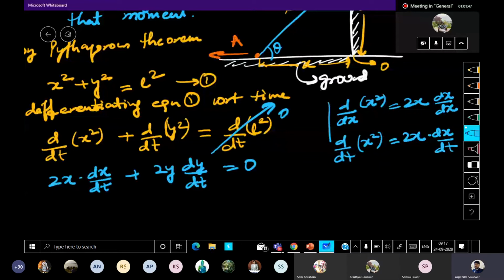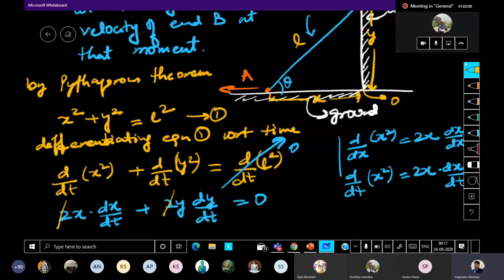Now this 2 and 2 got cancelled. So this x, now listen, what is dx by dt? Everyone please pay attention. dx by dt is basically rate of change of distance of point A, or you can say rate of change of position of point A. So dx by dt is nothing but VA.